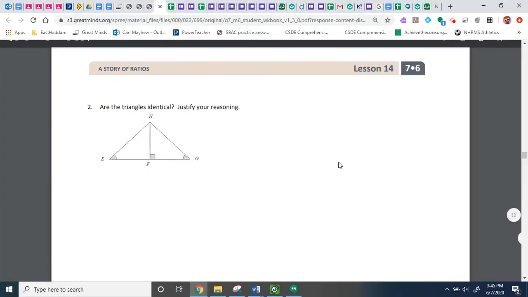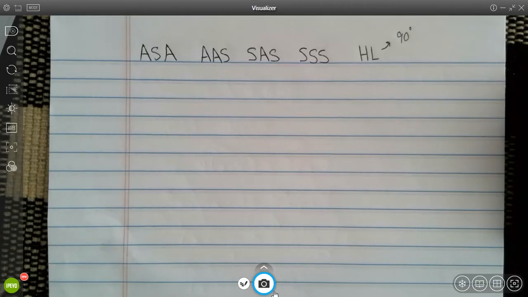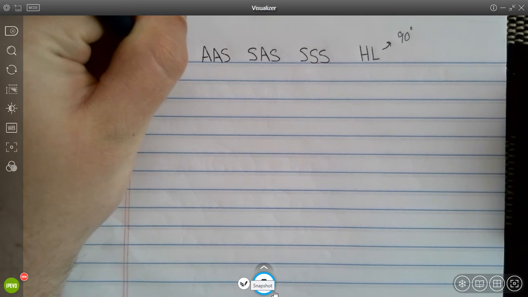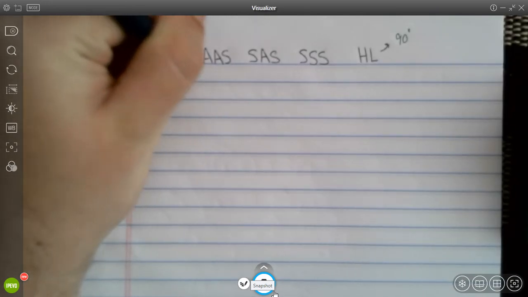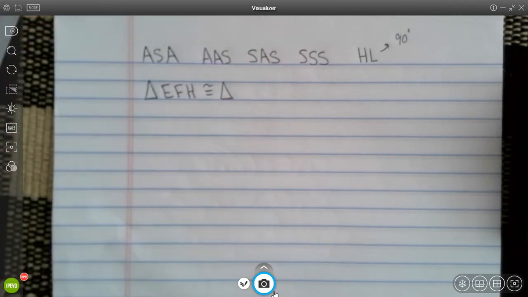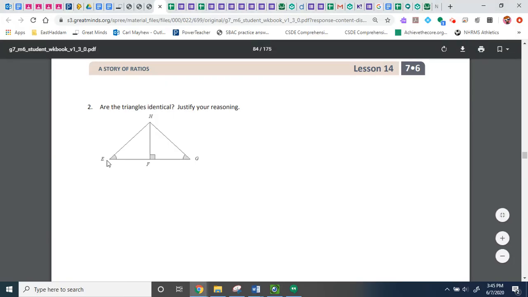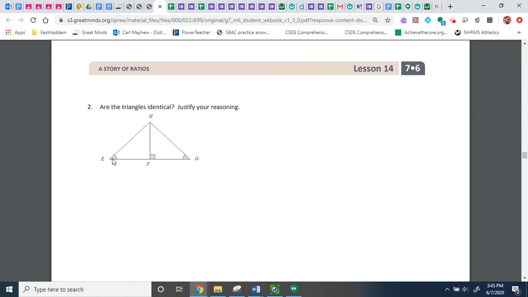One last thing that I want to talk about is writing what the congruence is going to be. So we have triangle EFH. I'm going to write that, triangle EFH. And we want to show that that's congruent to the triangle with the other letters as well. Now, E corresponds with what angle on the other side? E corresponds with G, and we said EFH.